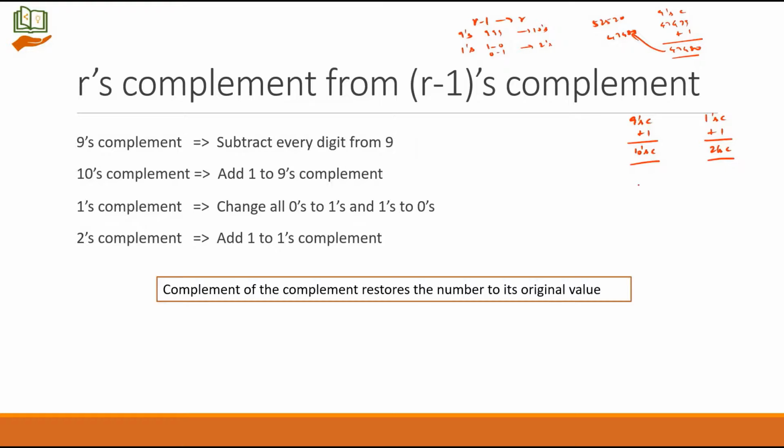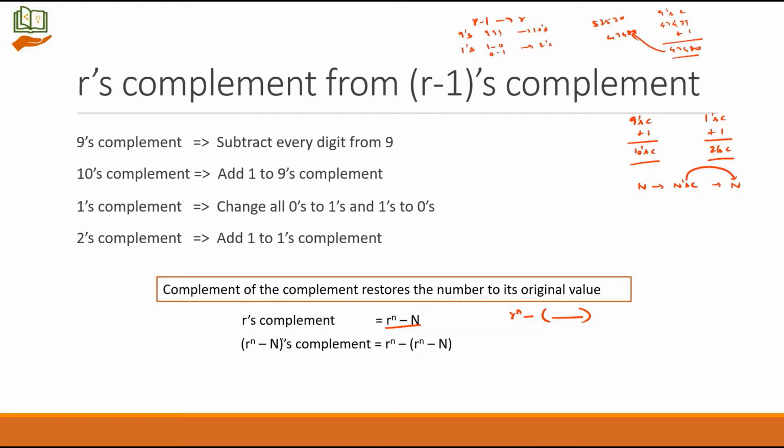If I have a number n and I take n's complement, and then take the complement of this value, it will again give n. Let's take the r's complement of n to be r power n minus n. Now we have to find the complement of this number. The complement of this number will be r power n minus the complete number.